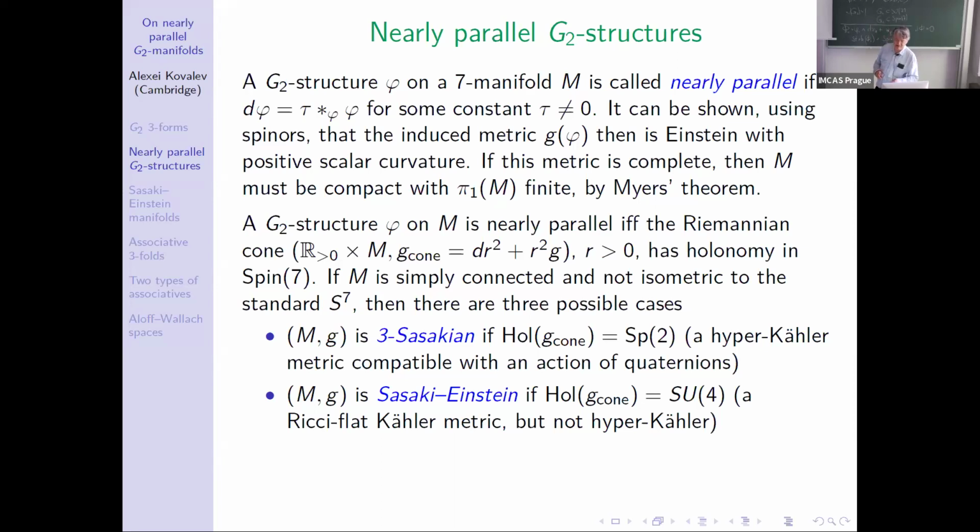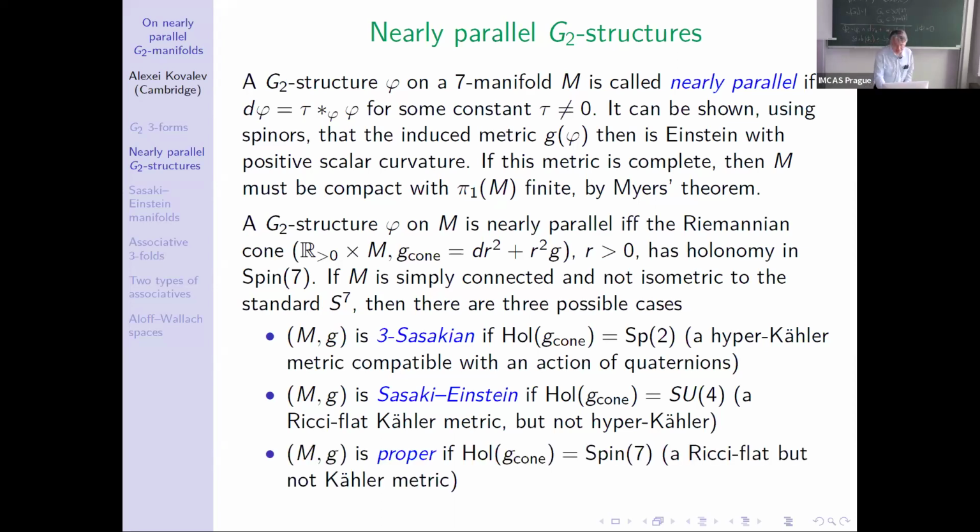And the 7 manifold that we started with in that case is called Sasaki-Einstein. And finally, maybe the holonomy may be all of Spin 7. In that case, M is called proper. So there is a classification of 3 possible types of nearly parallel G2 manifolds, other than the 7-sphere.